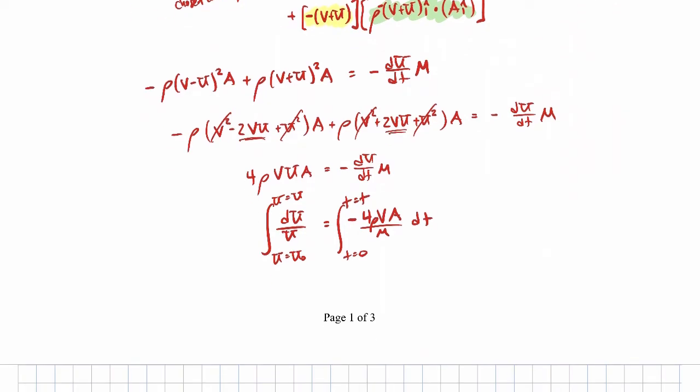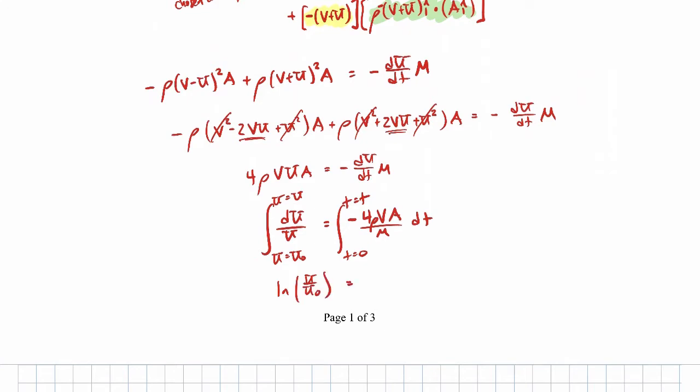Yeah, that looks good. And then I can integrate both sides. On the left-hand side, with respect to u, it starts at some initial velocity, u naught, we were told, and then it goes to some final velocity. And on the right-hand side, at t equal to 0 is the lower part of the integral, and then out to some arbitrary t. The left-hand side will integrate to a natural log term, so it'll be natural log of u over u naught.